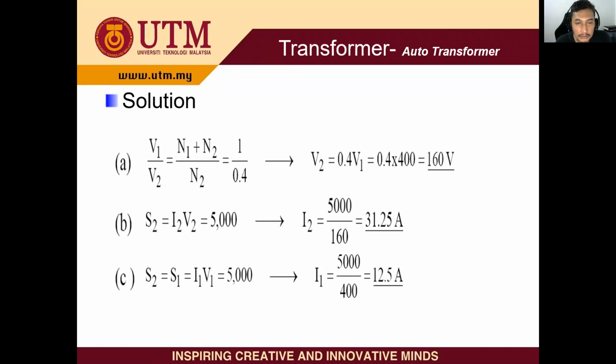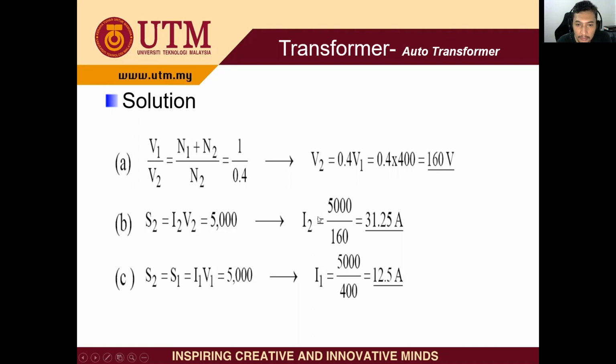Since it has a tap of 40%, you can arrange the equation for the step down auto transformer as follows. From this equation, you get the secondary voltage equal to 160 volts. And this is for the secondary current. We have the apparent power 5,000 over the secondary voltage, which is 160 volts.